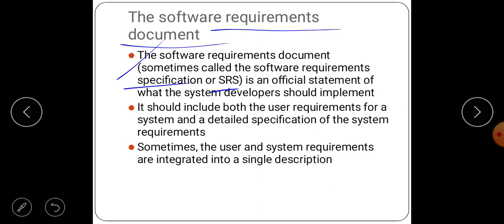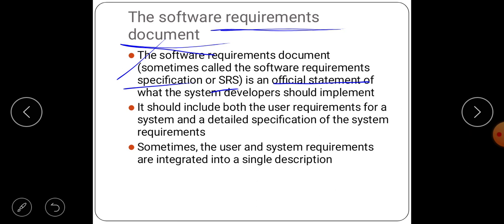It is an official statement of what the system developer should implement. Okay, this is the official statement. This software requirement document is the official statement of what the developer should implement.